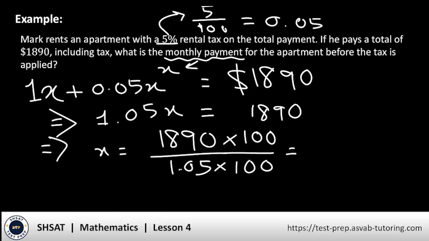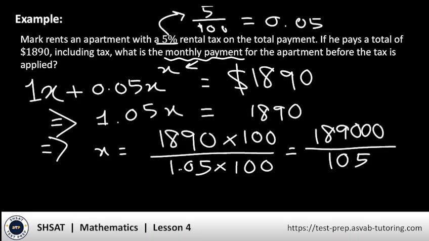So now we do 189,000 over 105. All you now need to do is simplify, and your final answer to this is going to be 1,800, okay? That is the amount of the monthly payment that he needs to pay before the tax is applied.